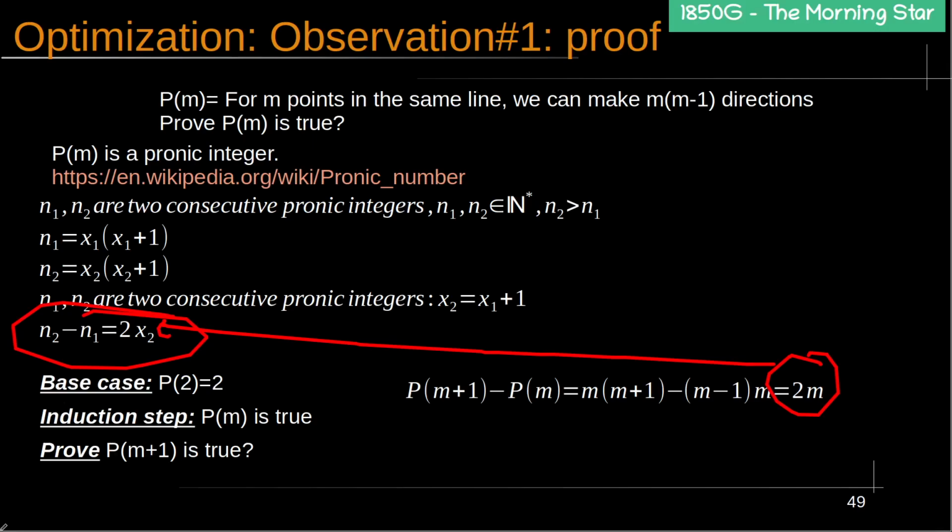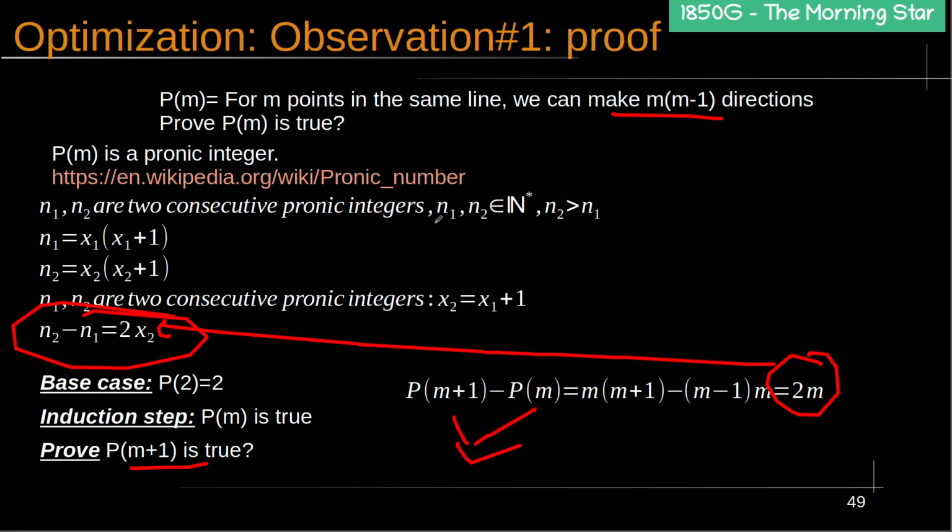So we have proved, by using these definitions of Pronic integers and the definition of the sentence, which is using this formula, that these two integers are Pronic.